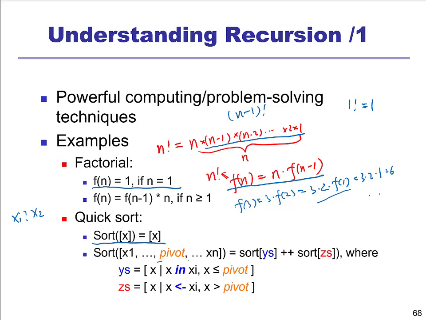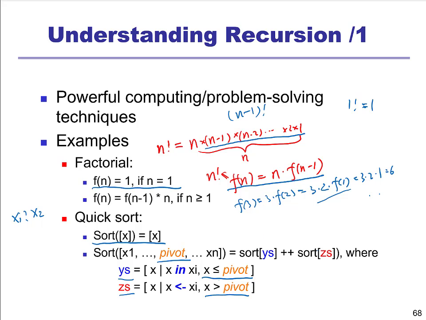So we take a pivot, we can take any number as a pivot, and we divide the list into two parts based on whether x is smaller or equal to the pivot, or x is larger than the pivot. Then we will have ys and zs.